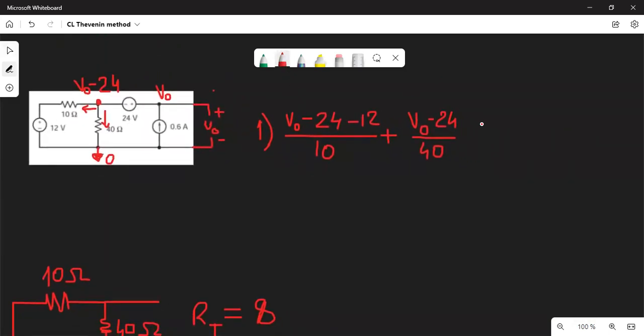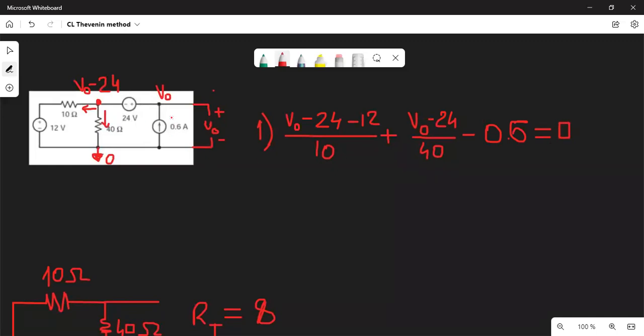And in the second case, the high potential is V0 minus 24, I mean, the current that goes through the 40 ohm resistance. And the low potential is 0, as you can see. It goes to the ground. So that's why V0 minus 24 minus 0 is actually V0 minus 24 over 40.